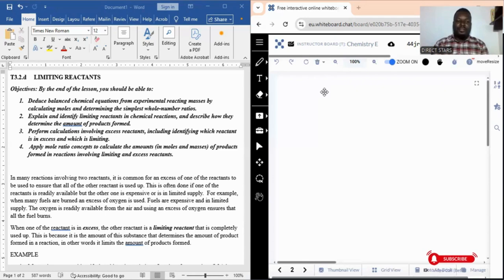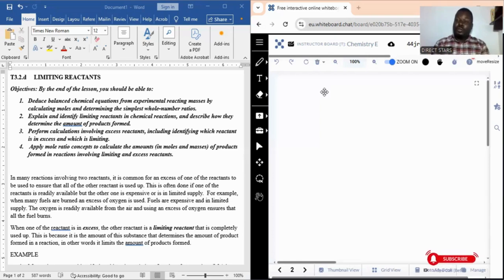In many reactions involving two reactants, it is common for an excess of one of the reactants to be used to ensure that the other reactant is completely used up during the course of the reaction.